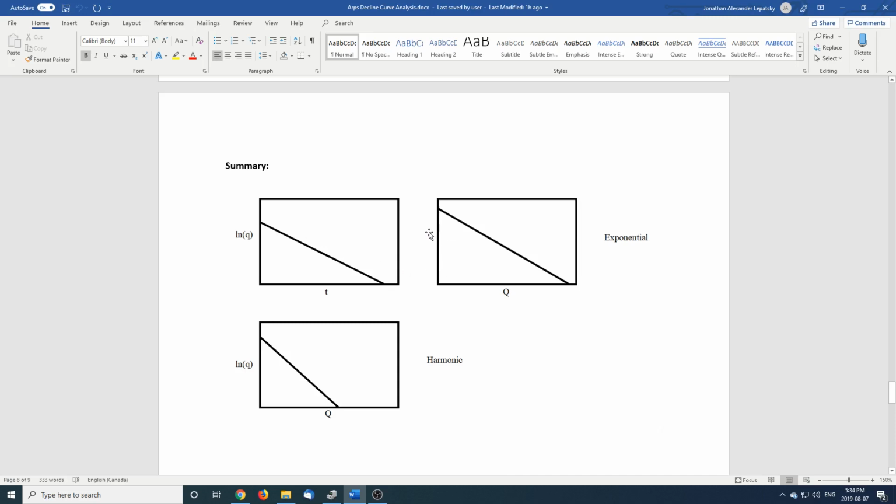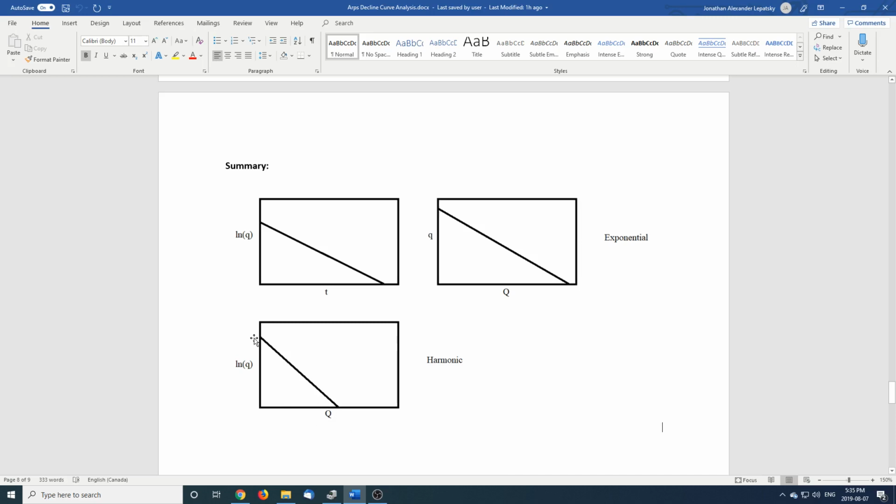Same for if you plot flow rate versus cumulative flow. You're only going to get a straight line if b equals 0, or you have the exponential case. So if you see a straight line when you plot those two things, then you know you got an exponential relationship. For harmonic, where b equals 1, you'll get a straight line if you plot the log of q, or log of flow rate, versus the log of cumulative flow.